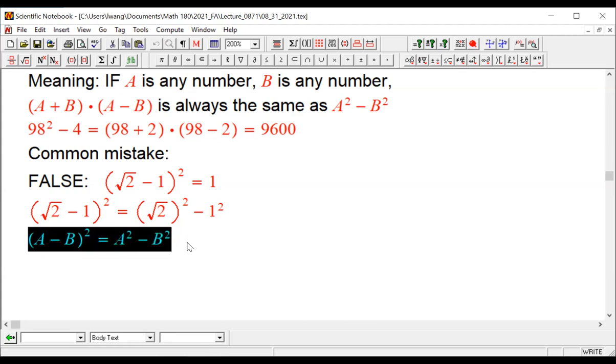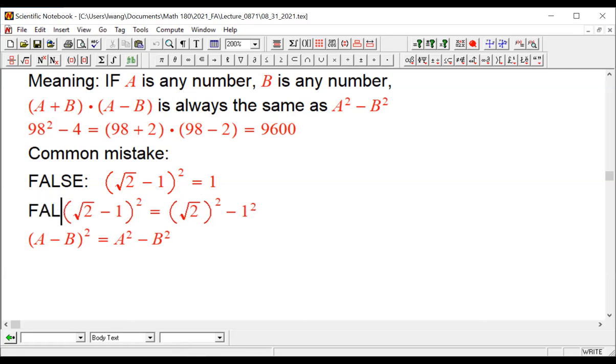You see how intuitive it is to do it. Isn't that very intuitive for you to do? I can see that. But it's not supported by mathematical truths. It's not supported by order of operations. It's just not supported. So I'm on a mission to eradicate this kind of mistake. Okay, so this is false.